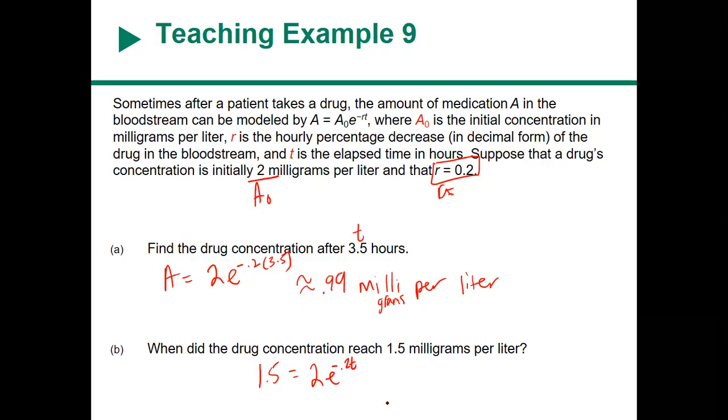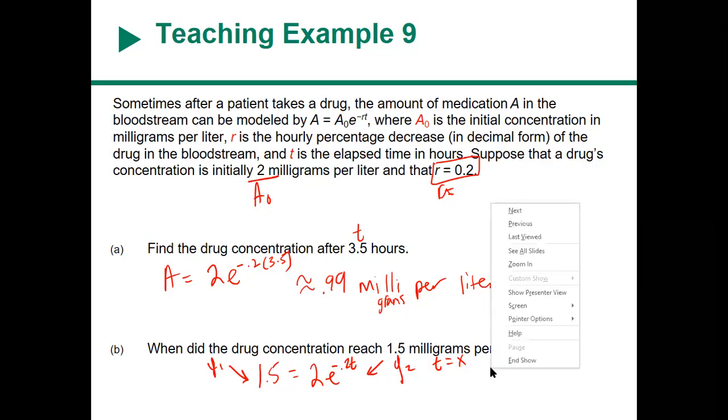We're going to talk about finding this in the calculator. We let this be our y1, and this side is going to be our y2. Instead of t, we're going to use x.